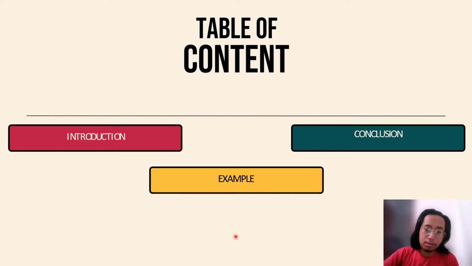So in this presentation, I'm going to be presenting about relations. I'm going to talk a little bit about what relations are, the introduction of relations basically, and then we're moving on to the example of the relations.